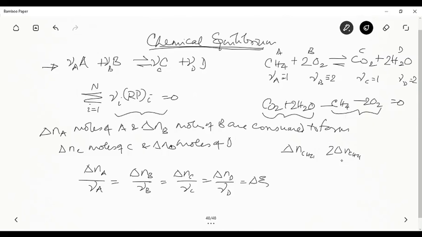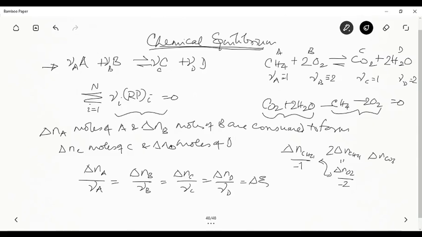So this is actually delta NO2. Basically if I divide by the corresponding stoichiometric coefficients, I'll get this divided by 1 equal to this divided by 2, right? So this is what I'm saying, and here it's a -1 and here it's a -2, and therefore delta NCH4 is negative divided by -1 will be a positive quantity, delta NO2 is a negative quantity divided by -2 will be the same quantity, and that will form CO2 and H2O.